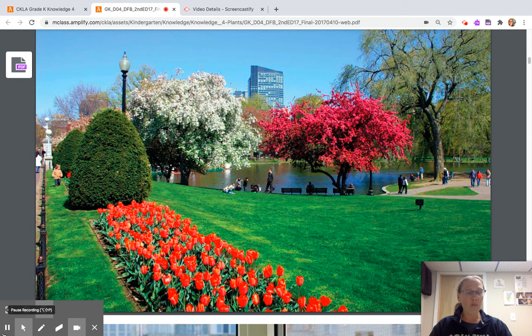Remember, in our read aloud, you heard there are many different kinds of people, animals, and plants that live in our world. Here, plants mean living things that have leaves and roots and make their own food.